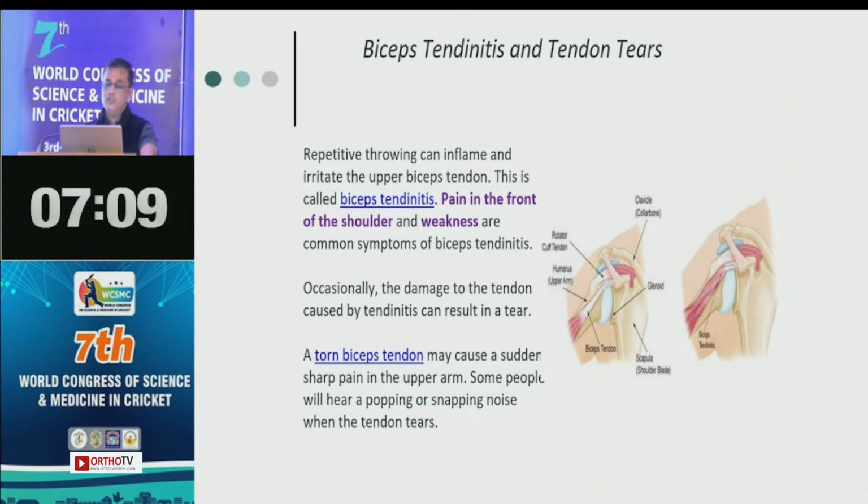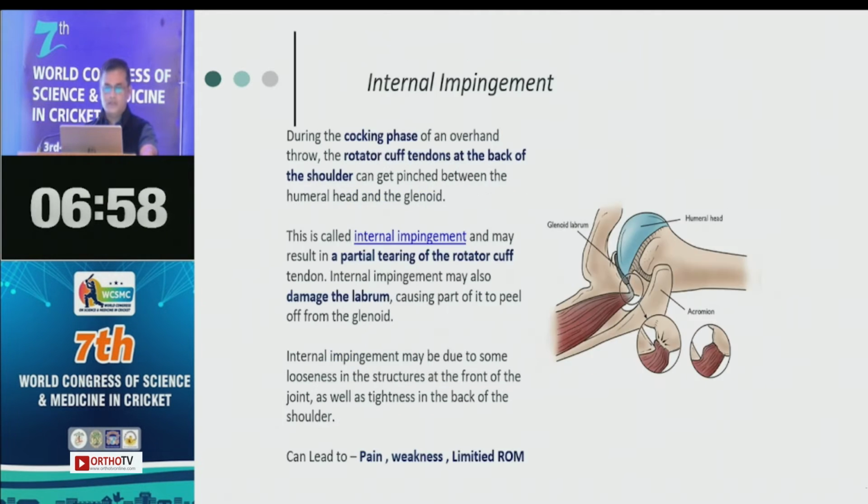The symptoms would be pain in front of the shoulder, there can be weakness, or sometimes there may be tearing of the biceps tendon if this is overused and there is neglected continuous throwing. There can be internal impingement.